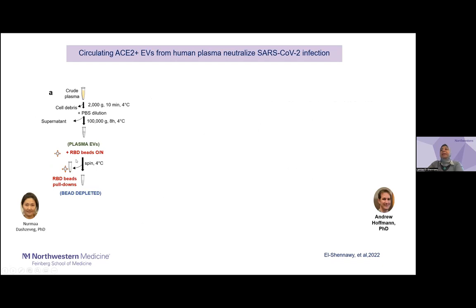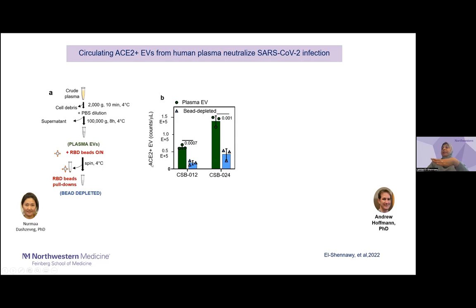further depleted ACE2 from these isolated vesicles from the pellets using RBD-bound beads. And mass spectroscopy analysis of the RBD bead pull-down materials from the patient plasma EV pellet confirmed the presence of ACE2 and EV protein. We looked at the level, the counts of ACE2 and those EVs.